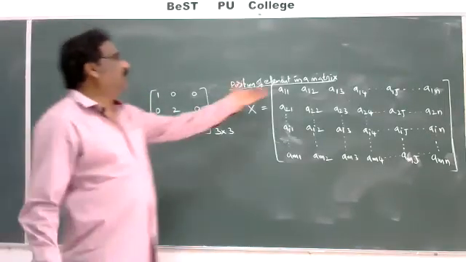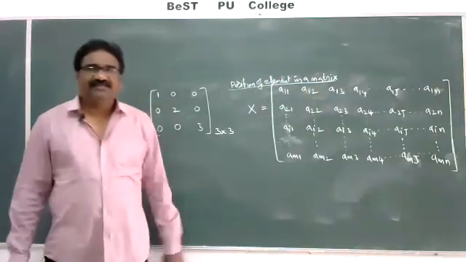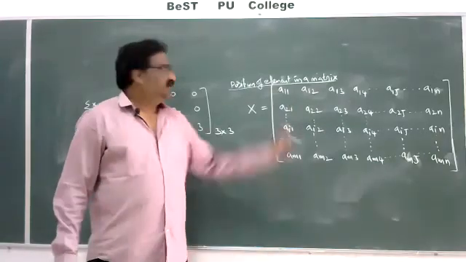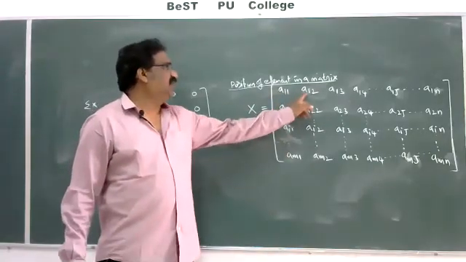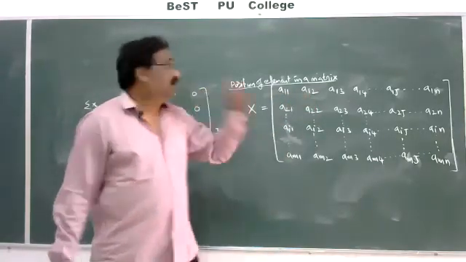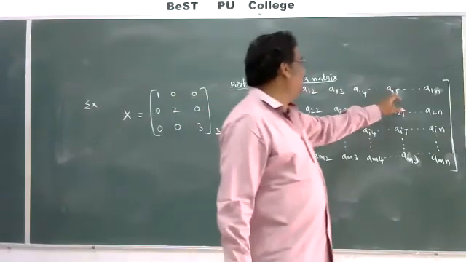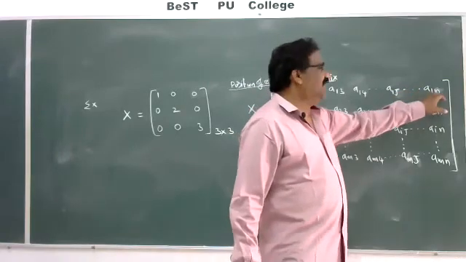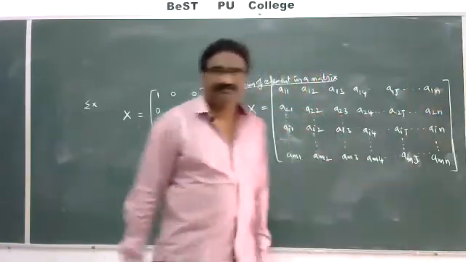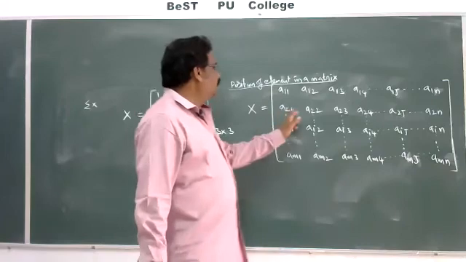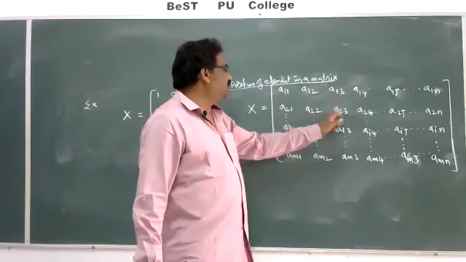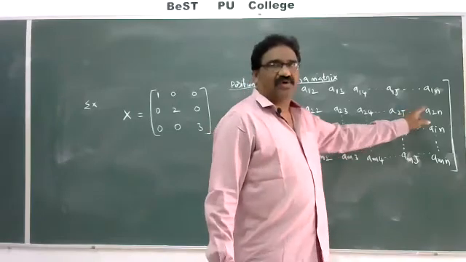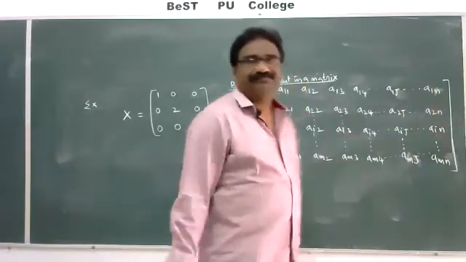Then what is meant by position of the element in a matrix? Position of the element is represented like this. A11 first row first column, A12 first row second column, A13 first row third column, like that. A1j first row jth column, and A1n first row nth column. Second row first column, second row second column, second row third column, like that. Second row jth column, and second row nth column.